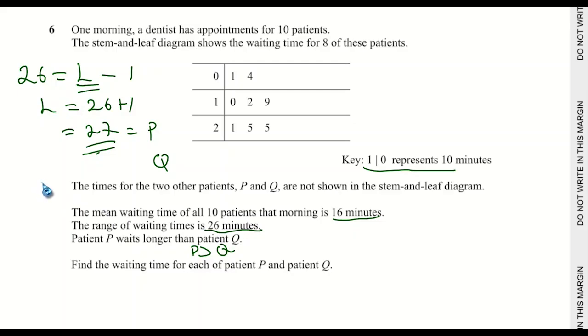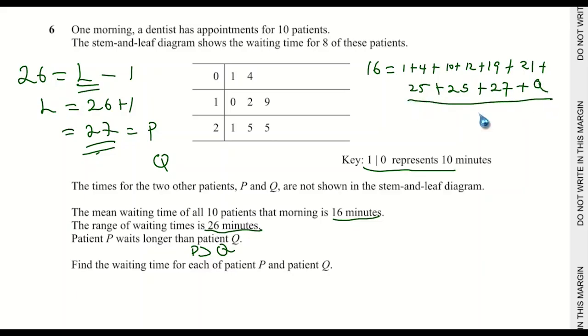So we know that the mean is the addition of all the 10 numbers divided by 10, and the mean is given to us as 16, right? So we can say 16 equals 1 plus 4 plus 10 plus 12 plus 19 plus 21 plus 25 plus 25 again plus the ninth one, which is 27, plus the 10th one, which is Q, everything divided by 10.